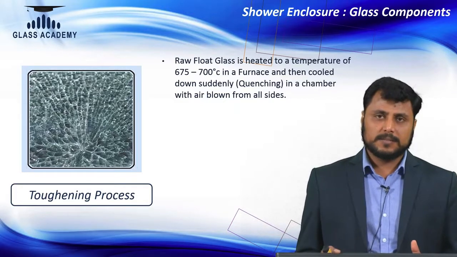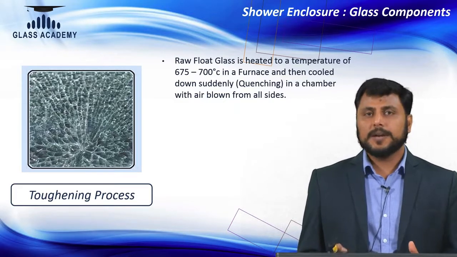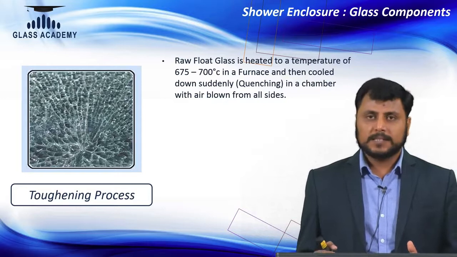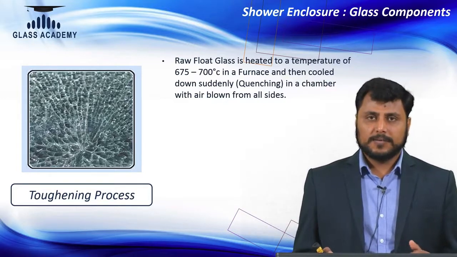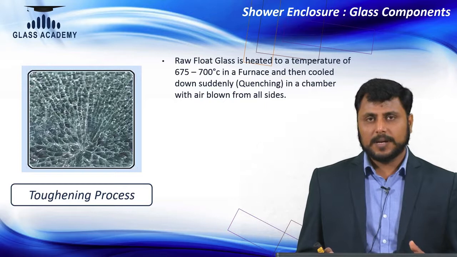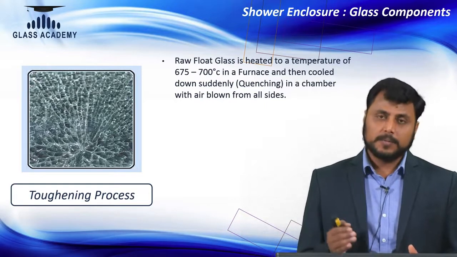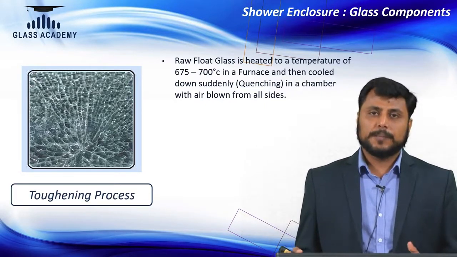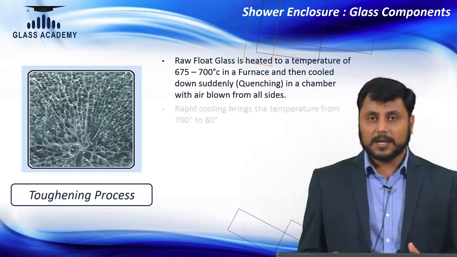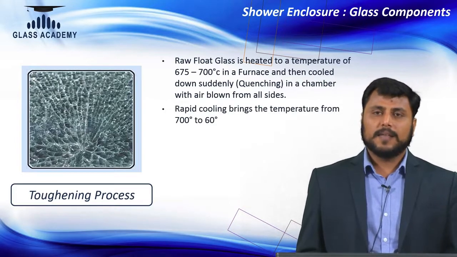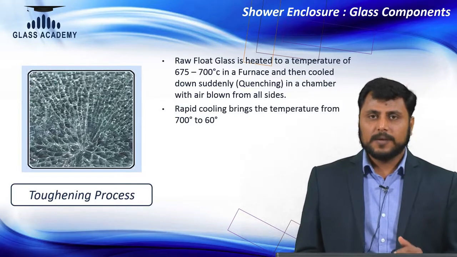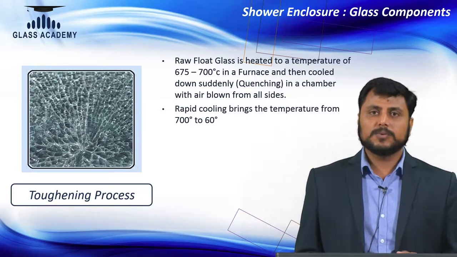We put the glass in a furnace where the temperature is maintained around 675 to 700 degrees Celsius. After heating at that temperature, the glass is passed through a quenching chamber. Quenching chamber means air comes onto the glass at a high level of pressure, and that brings the temperature down from 700 degrees Celsius to 60 degrees.